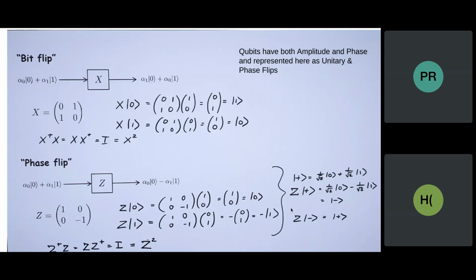And if you apply Z to the minus, you will get a plus.